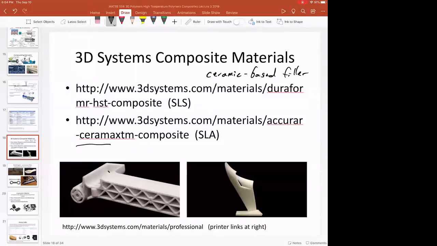And in SLS, it's going to be ceramic plus thermoplastic, because that's what you need in SLS, something that's thermally processed. And in SLA, it's going to be ceramic plus photopolymer.